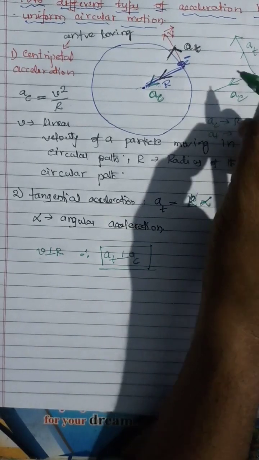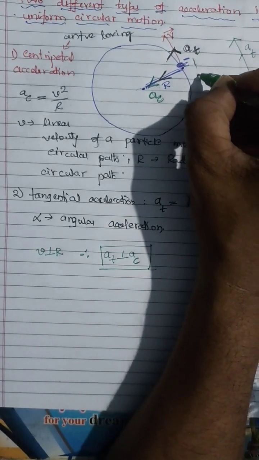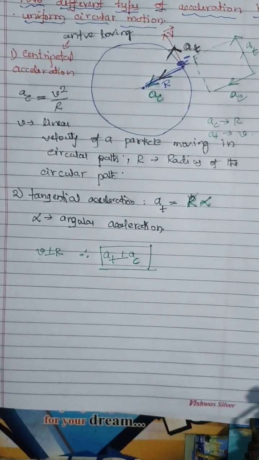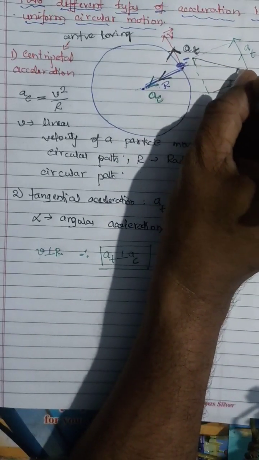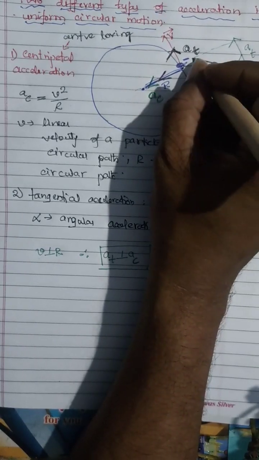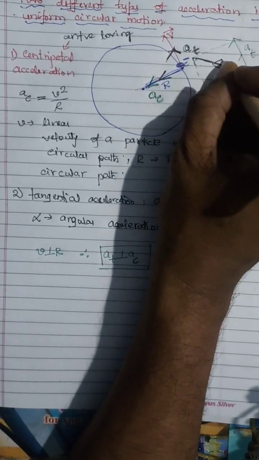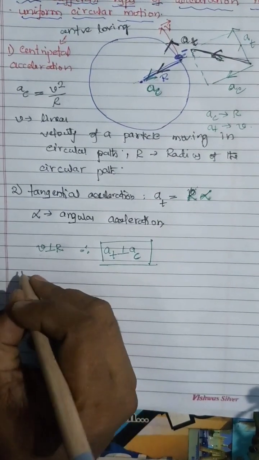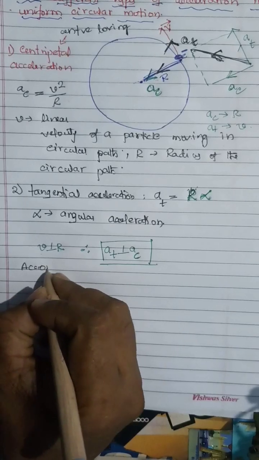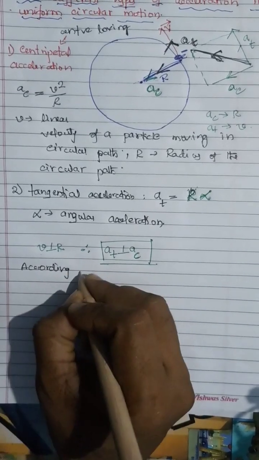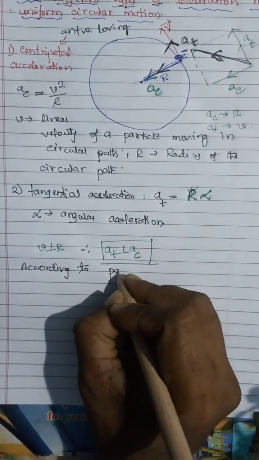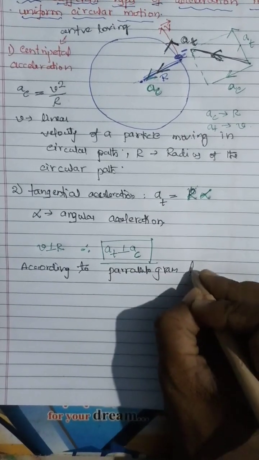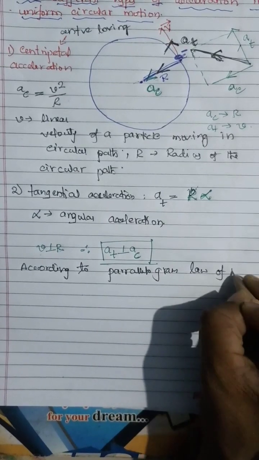Now, if you construct a parallelogram like that, then net acceleration is along the diagonal of the parallelogram according to the parallelogram law of vector addition.